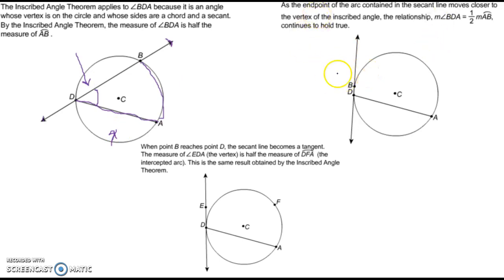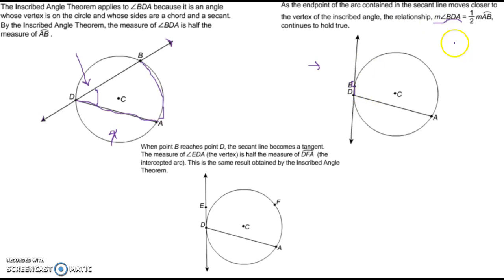This one, however, let's look at this example over here. As the endpoint of the arc contained in the secant line moves closer to the vertex of the inscribed angle, the relationship that the measure of angle BDA is equal to 1/2 the measure of arc AB continues to hold true. So even when it looks kind of funky, notice that this secant line is almost looking like it's on the outside of the circle, but it is still crossing the circle in 2 points.